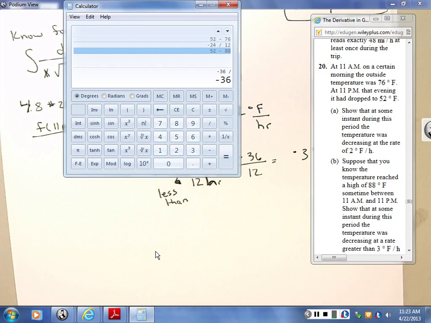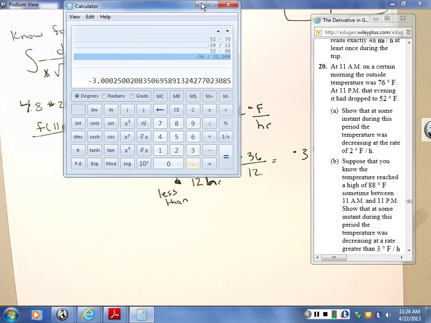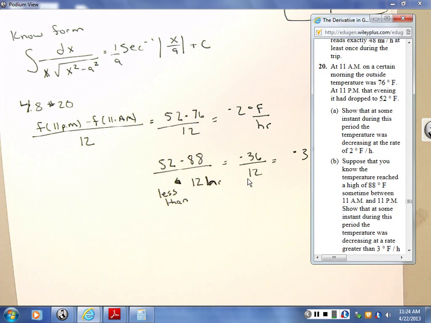If I divide that by anything less than 12, it's greater than 3 degrees, right? 12 hours is the maximum it can be. So maybe at 11 o'clock it was 76 and at 11:01 it was 88. That would be the maximum amount of time I could have to decrease from 88 to 52.